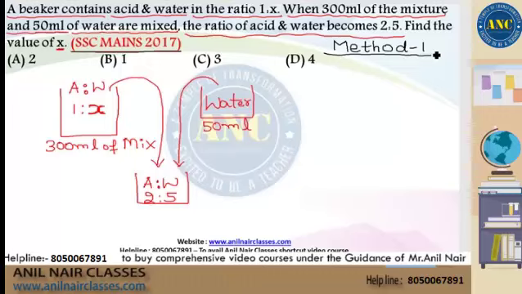If I choose acid as the base parameter, out of total 1 plus x liters, 1 liter belongs to acid. This is in the first vessel. What in the second vessel? Do you have any acid in the second vessel? No, it's pure water.